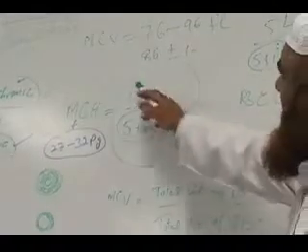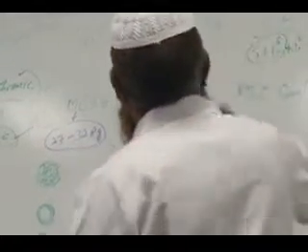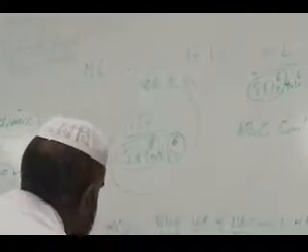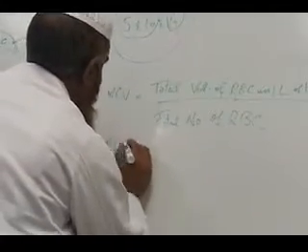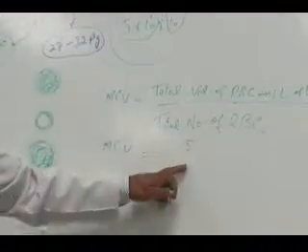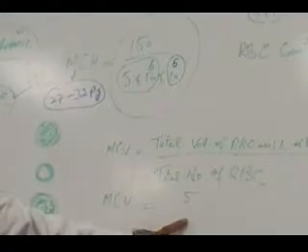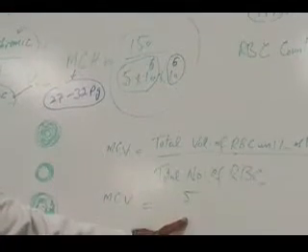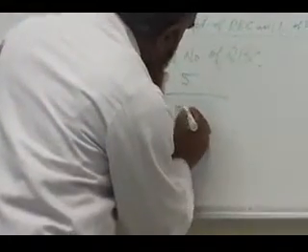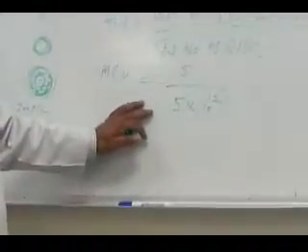Now if you calculate this, this is MCV. MCV will be equal to 0.5, which is the total volume of red cells in 1 liter of blood, half a liter, divided by the total number, 5 times 10 to the power 12.